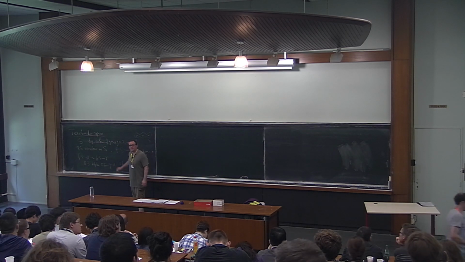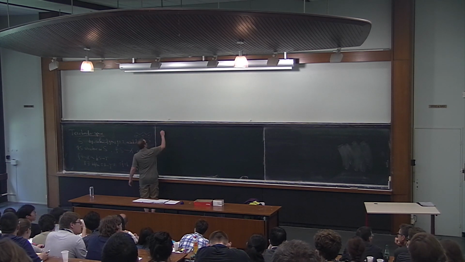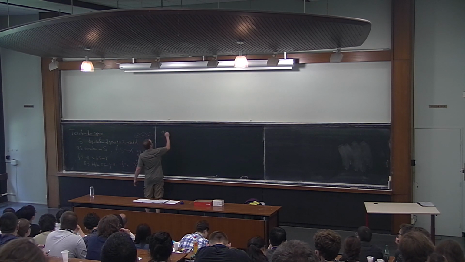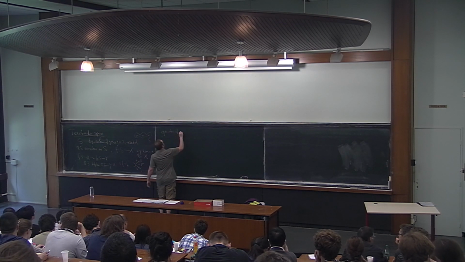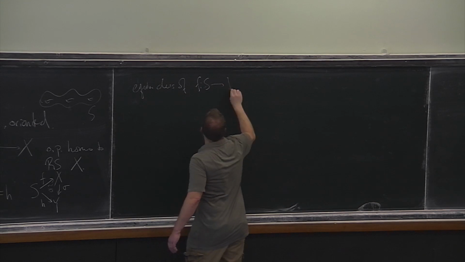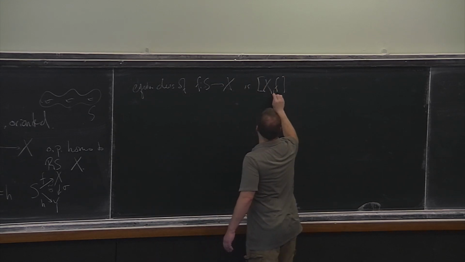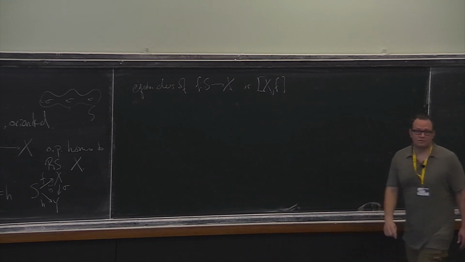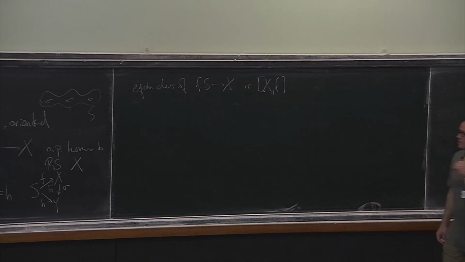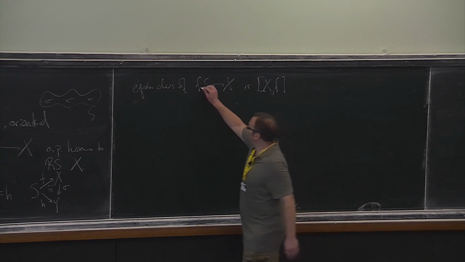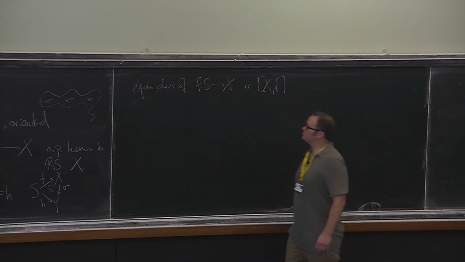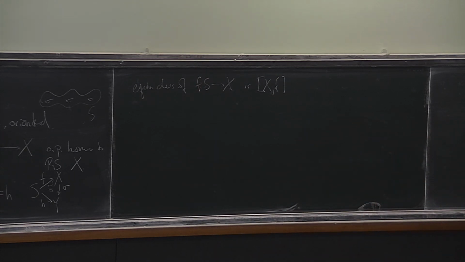Let's call the equivalence class of f from S to X denoted like this. So the equivalence class of this Riemann surface structure will be denoted like this.